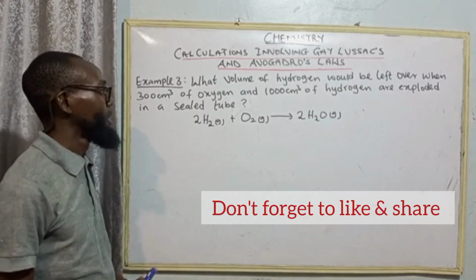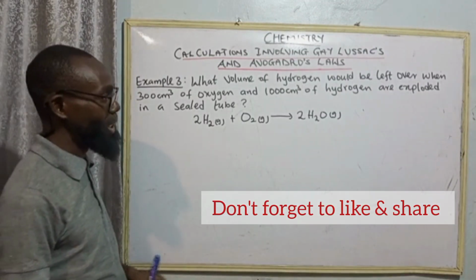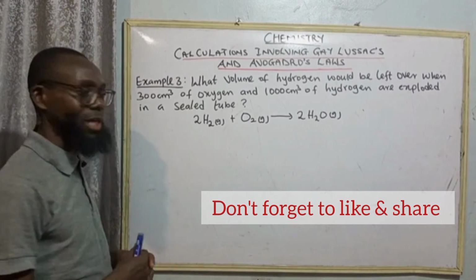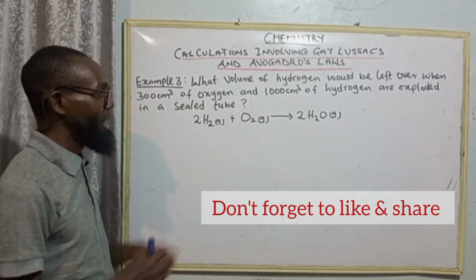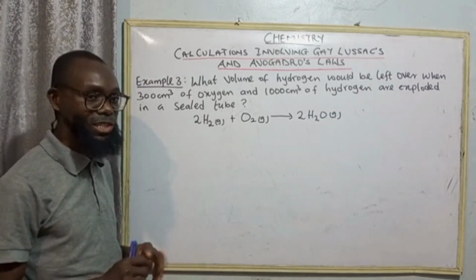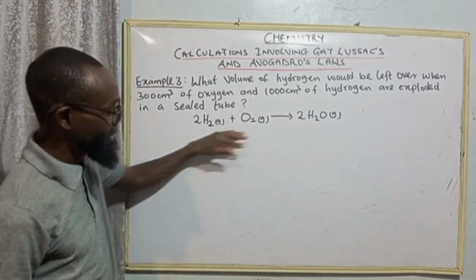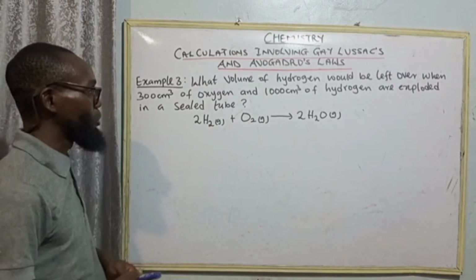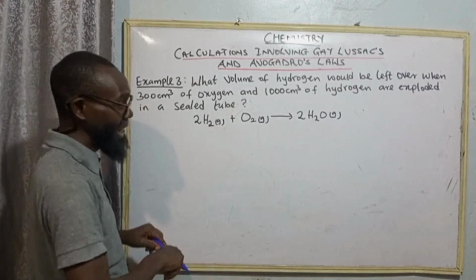Example 3. What volume of hydrogen will be left over when 300 cm³ of oxygen and 1000 cm³ of hydrogen are exploded in a eudiometer tube? Given this equation of reaction, we want to know the volume of hydrogen that will be left over.